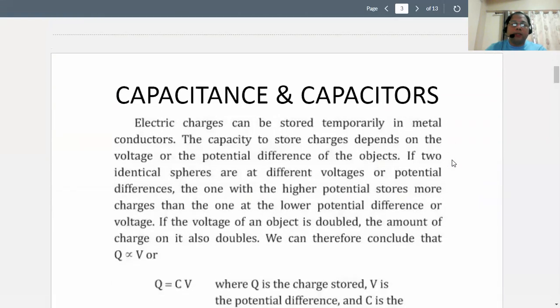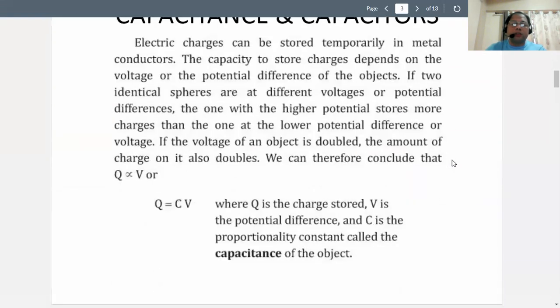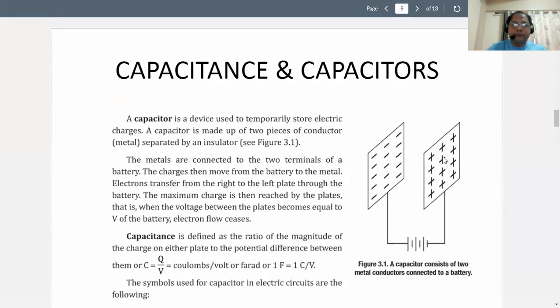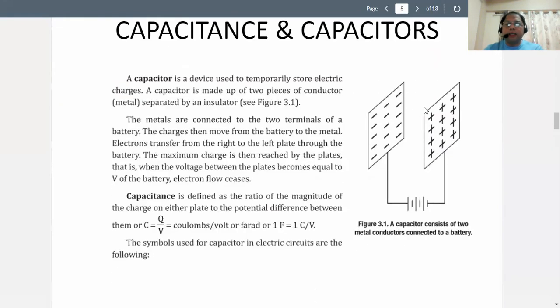Now, what we encounter basically with capacitors is that we are dealing with parallel plates. At the very beginning, the way to understand capacitors is that they come in these parallel plates. Now, these parallel plates are separated by some kind of distance.